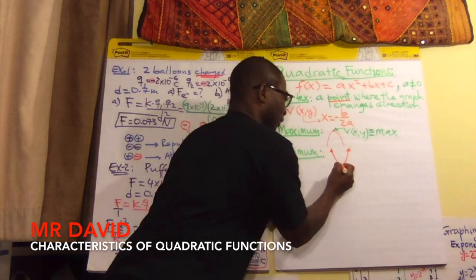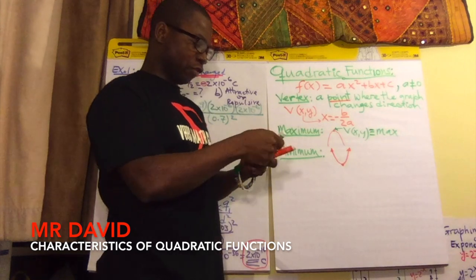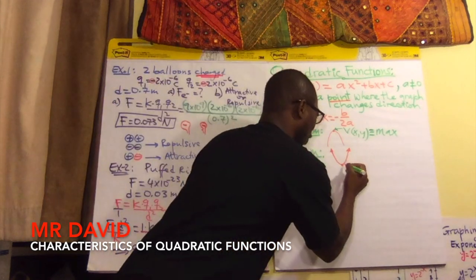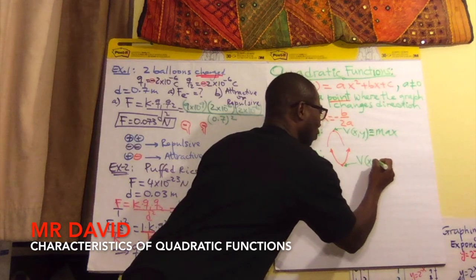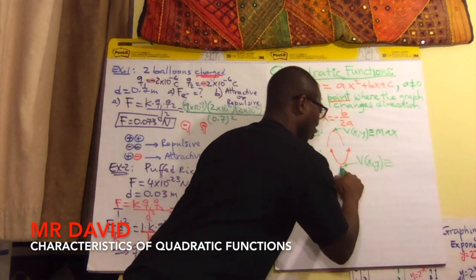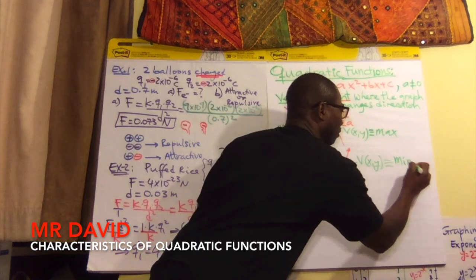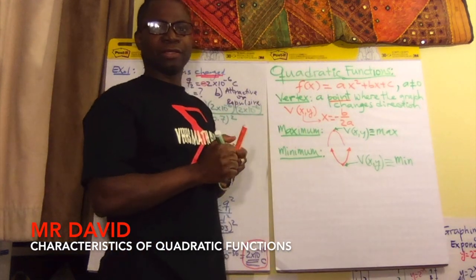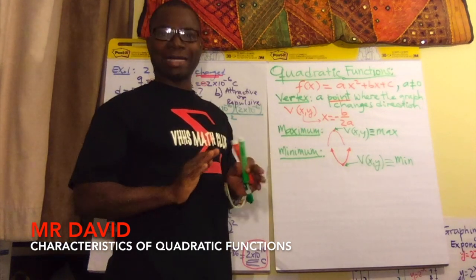This point is the minimum, the lowest point of the function. So the vertex will be here. Vertex, x, y. But here is the lowest point, so it's the minimum. So the vertex can be a minimum or it could be a maximum.